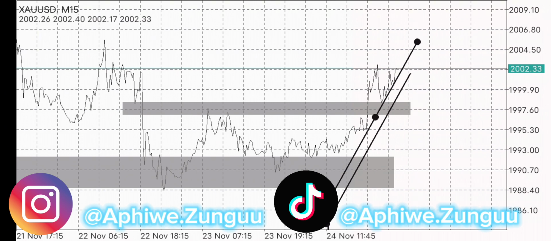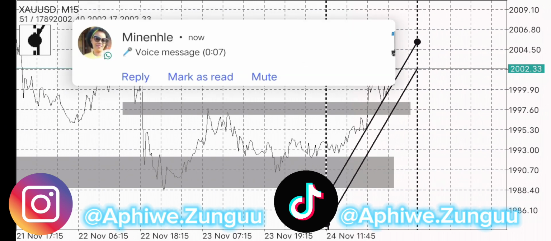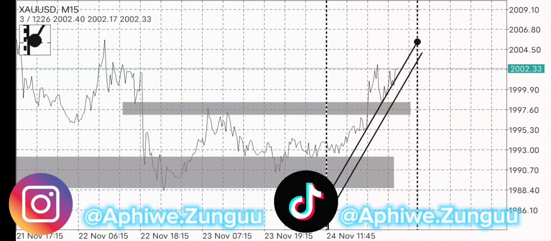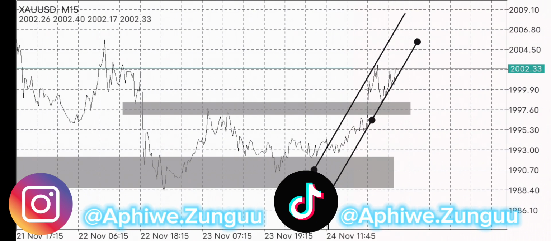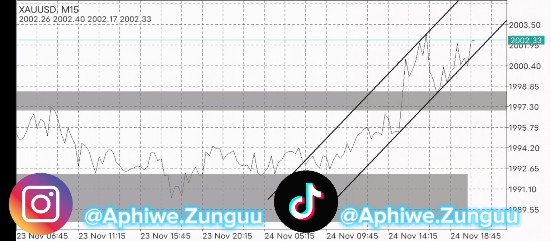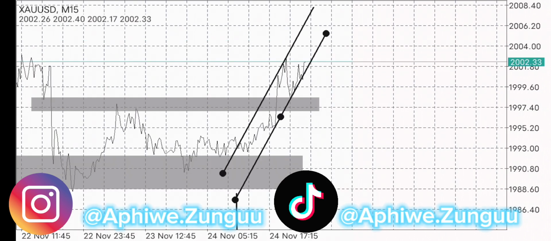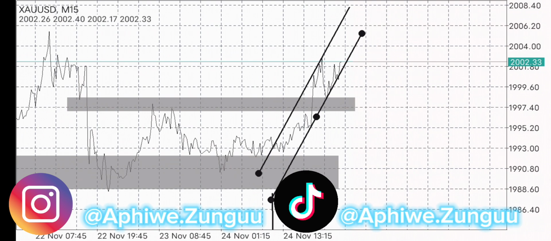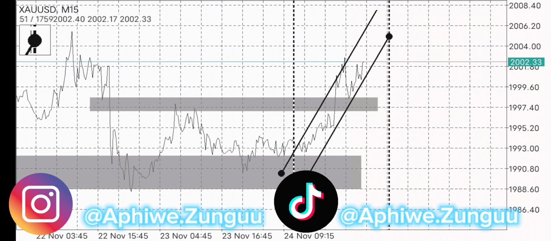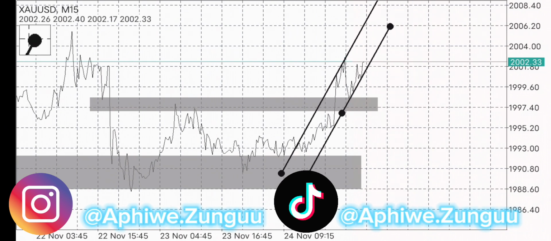Gold has been buying from that level till this level. So we can see that gold has been buying, which is a very crucial and very cool thing for us to see, that gold has been confirming our bias.